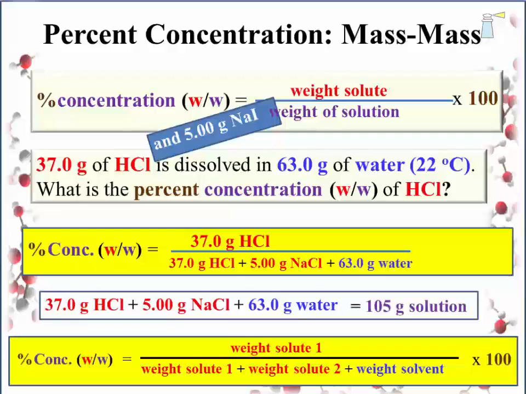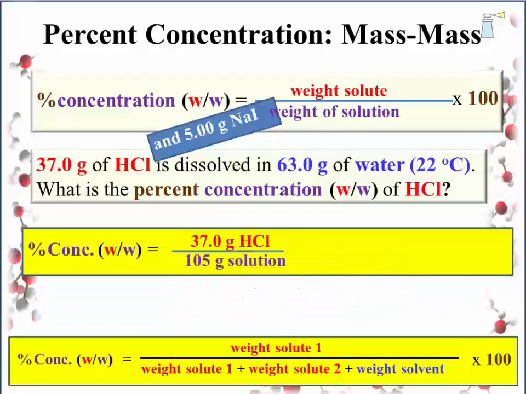This weight can be substituted into the equation for ease of viewing. Multiply the ratio by 100, gives a concentration of the HCl as 35.2% weight to weight. This concentration is less than the concentration without the additional solute, but that is to be expected because the volume of solution is larger with the addition of a second solute.